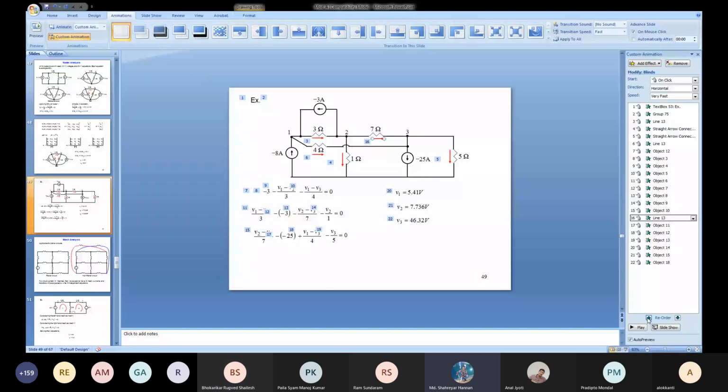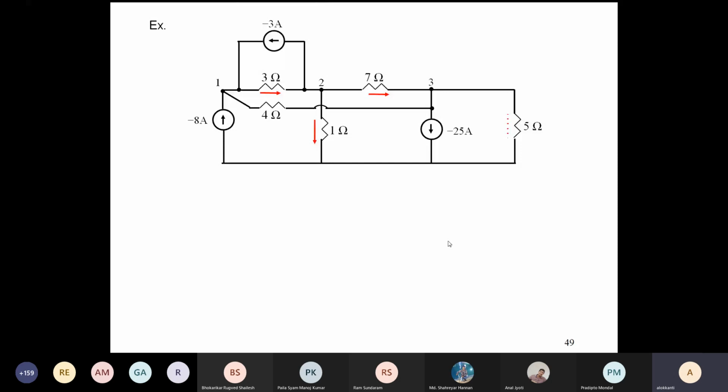Yes. Okay, sir. This arrow was not there, so the arrow from 2 to 3 is there now.